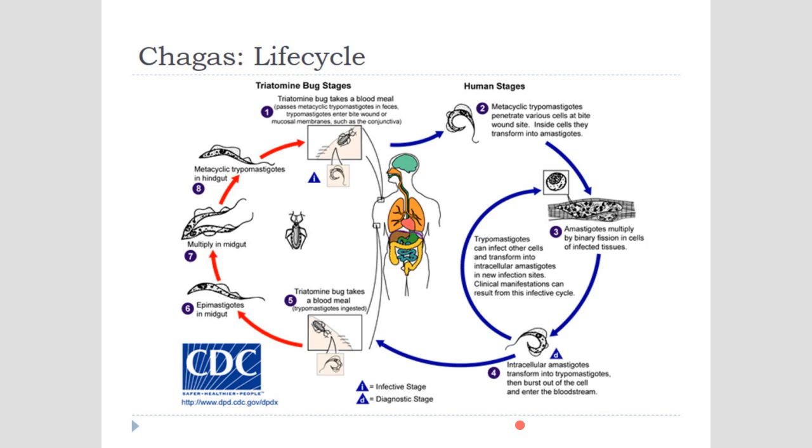Okay, so what I'm trying to impress upon you is that when you look at these kinds of life cycles, you spend some time on that, and it will help you to understand the clinical picture. It will help you to understand the nature of medicine that we use. It also makes you understand the way we treat these kinds of problems.